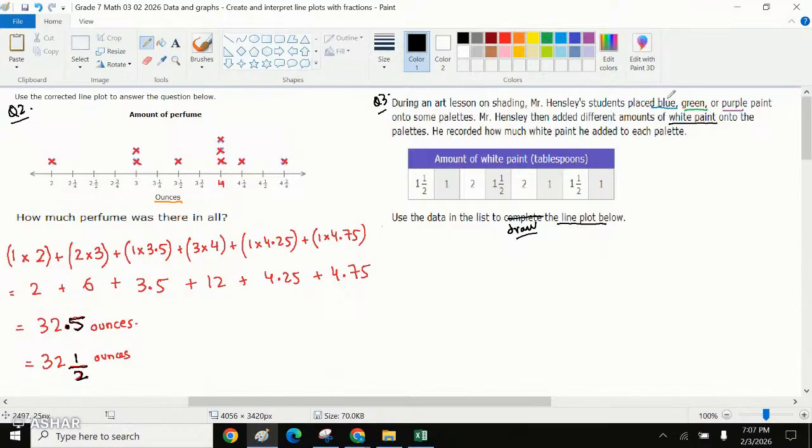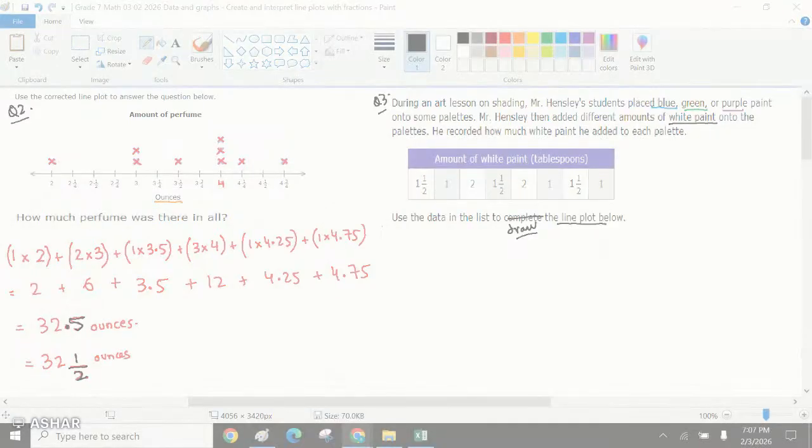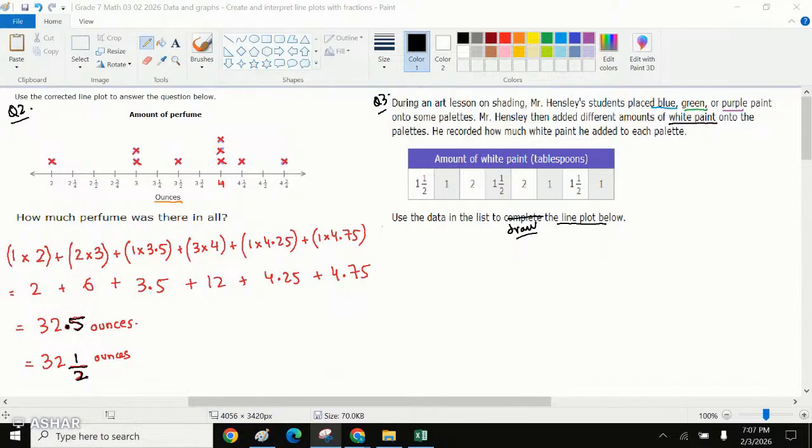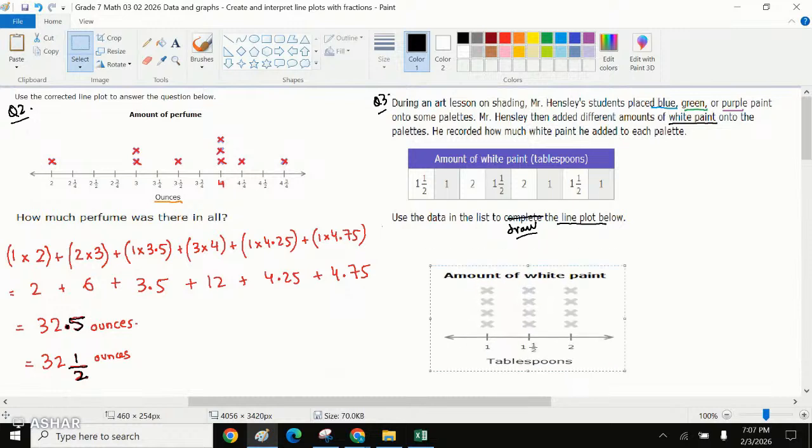So what we need to do is complete this. I'll just copy the sketch they have given to us. Let's see if we need to complete it by the number values of x.